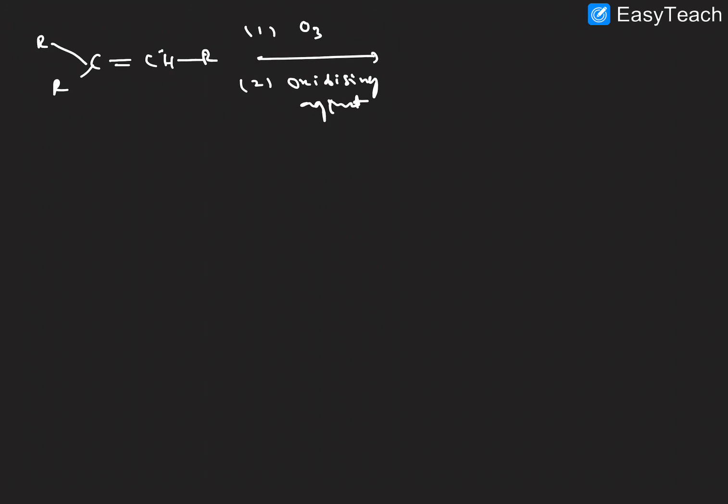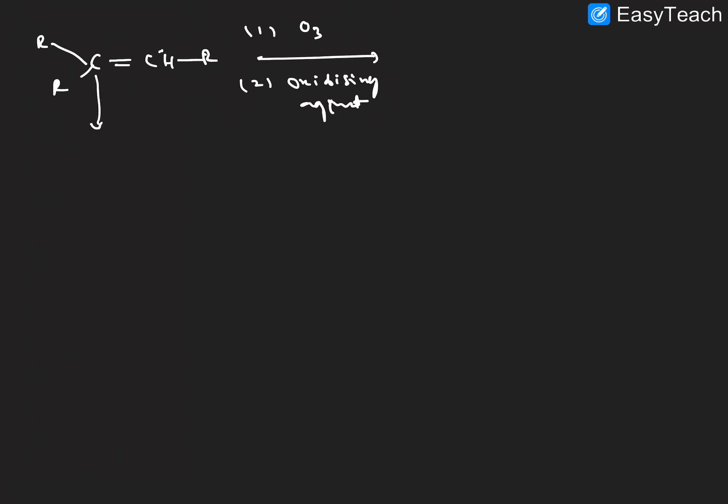Okay, the general reaction we'll discuss. C double bond C, and CH, here R group is there. So here the first reagent is ozone and the second is the oxidizing agent, which we discussed earlier, right?